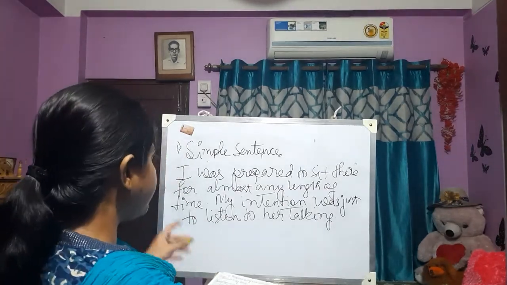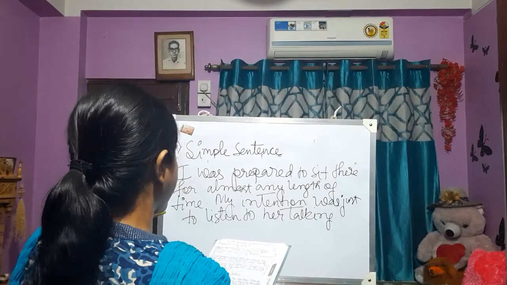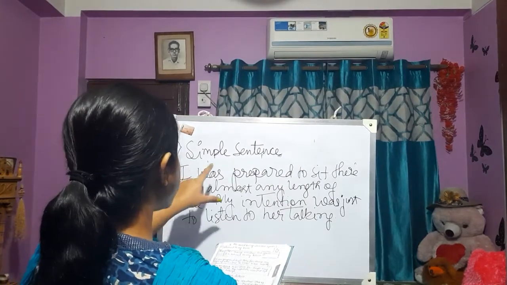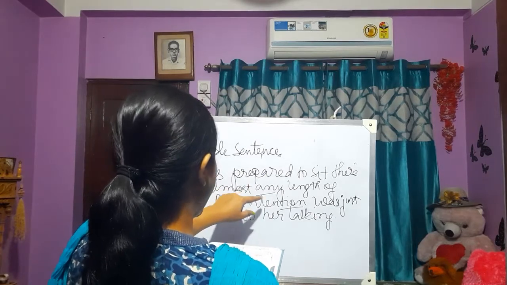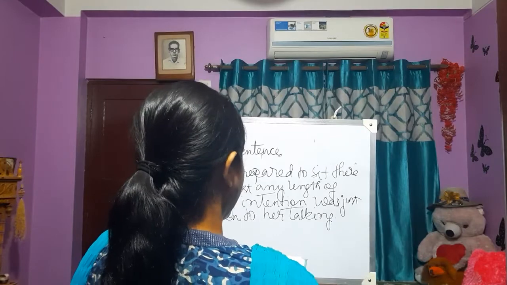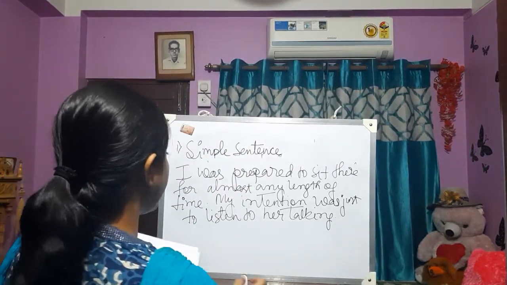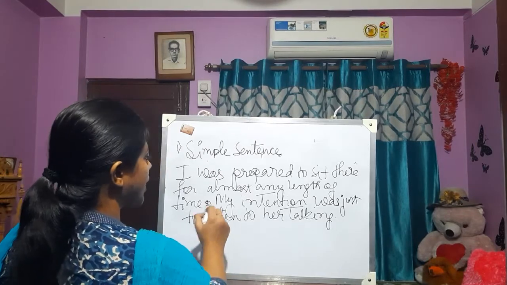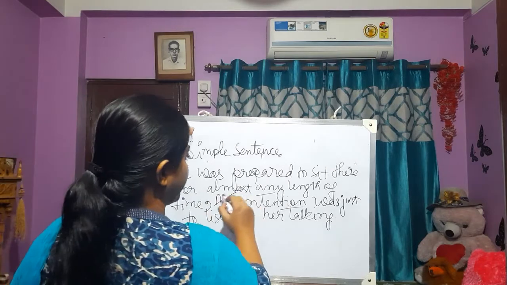Now here again, I cannot change my subject. My subject here is I. "I was prepared to sit there for almost any length of time." Then you have to change it, like give a comma. "My" is already I over here, so you don't have to repeat.